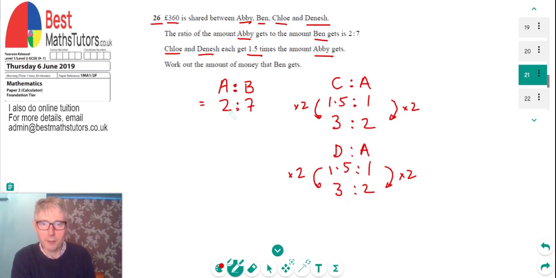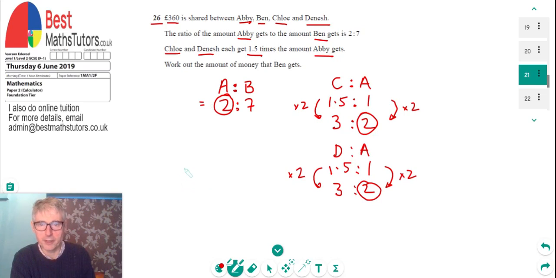And now what we need to do is put all these bits together. Because the number for Abby is the same for them all, so we've got 2, 2, and 2, we can combine all these ratios together.